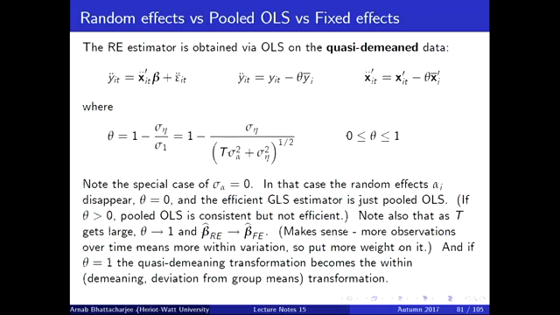There is no eta at all. In that case, what happens? So this theta is 1 or very close to 1. You cannot make it exactly 1, but it will be very close to 1, right? Okay? In that case, what are you doing here? You are doing your usual demeaning, right? So you are doing fixed effects, right?